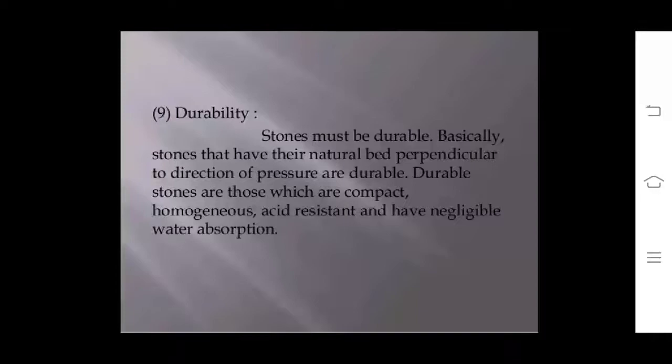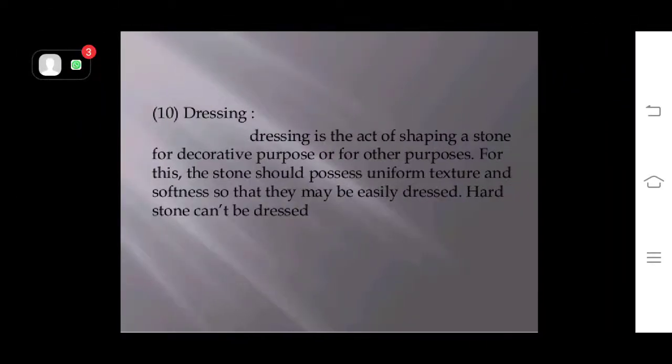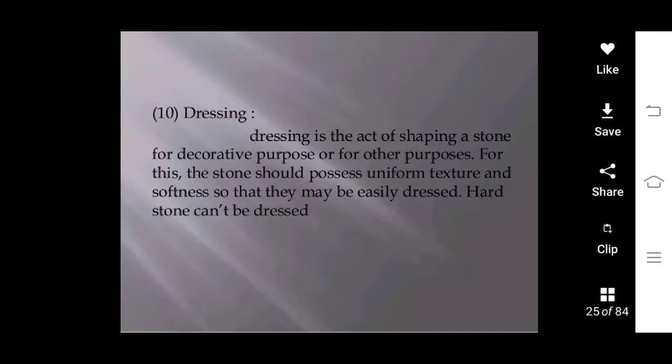Durability. Stones must be durable. Basically, stones that have their natural bed perpendicular to the direction of pressure are durable. Durable stones are those which are compact, homogeneous, acid resistant and have negligible water absorption. One of the most important properties is dressing, which is useful for stones used for the aesthetic aspect of the structure.